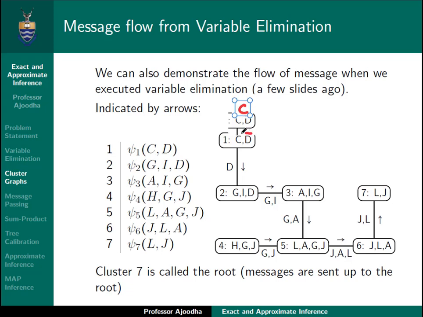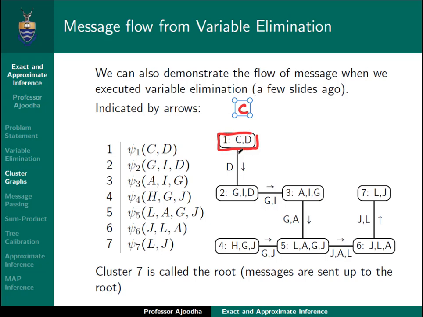So we started off with C and D, so here's our C and D. If I go right back to the variable elimination, the long way, when we wrote out the variable elimination steps, you'll notice that C and D were the first two factors. They had a scope of C and D, and we had to marginalize C from that. So that was the first step that we did.